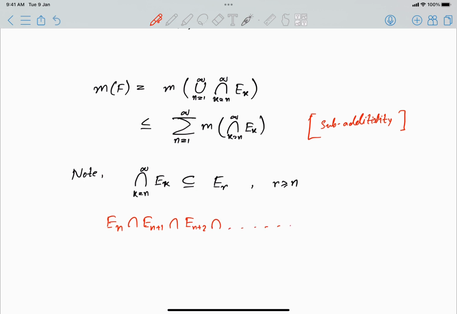Obviously, because this is the intersection, it is a subset of any Er for r greater than n, right? Because the whole intersection is obviously a subset of any one of the sets. So this is obviously true.